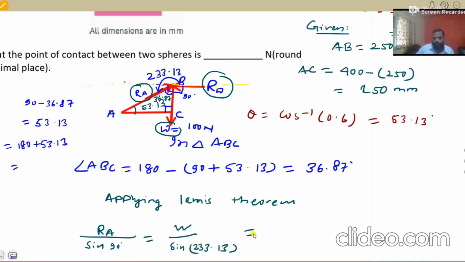Now for RW, the angle between the other two forces will be 36.87.